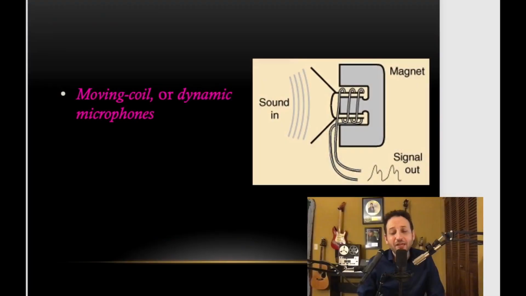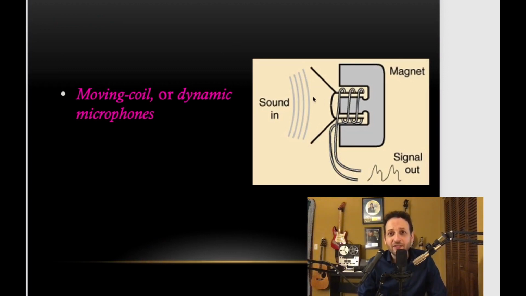And that's important to us because electricity is how we carry an audio signal until it gets converted into digital for computer recording. So, if we go back and we look at this dynamic microphone, what you will see is as the sound pressure hits, the diaphragm flutters back and forth, right?